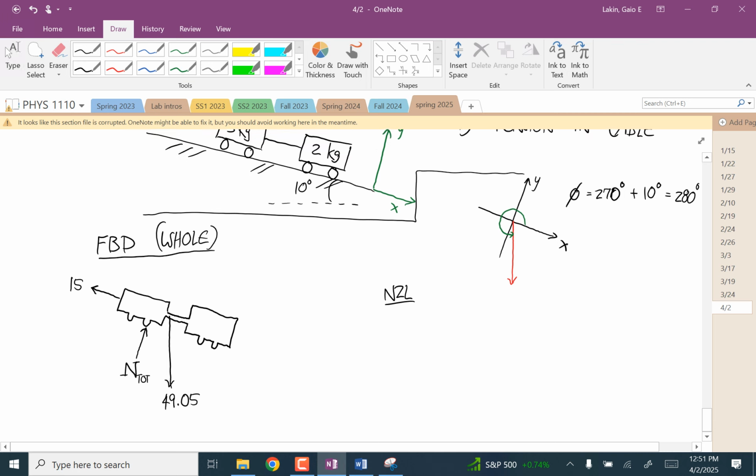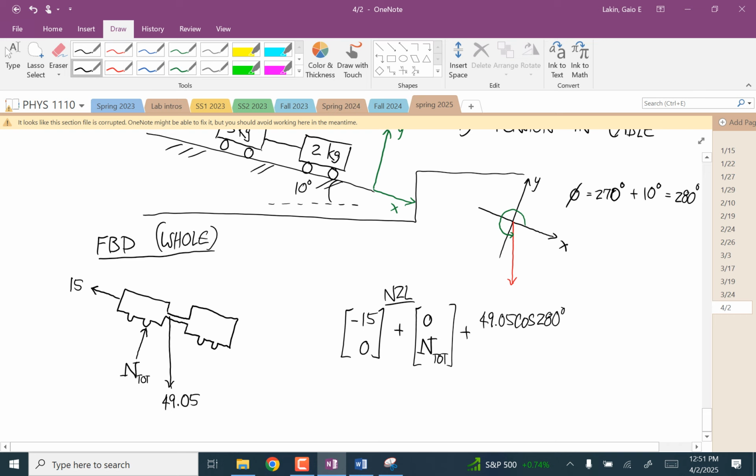So Newton's second law says that 15 is in the negative x direction, so negative 15, 0. The normal, like always, is in the positive y direction. The weight force is 49.05 times the cosine of 280 degrees, 49.05 times the sine of 280 degrees.